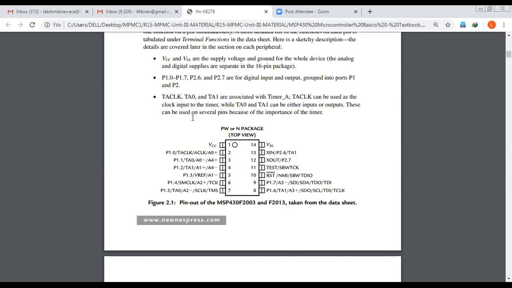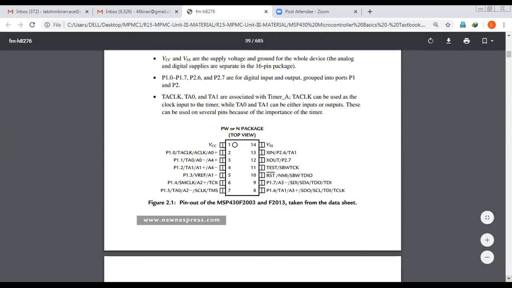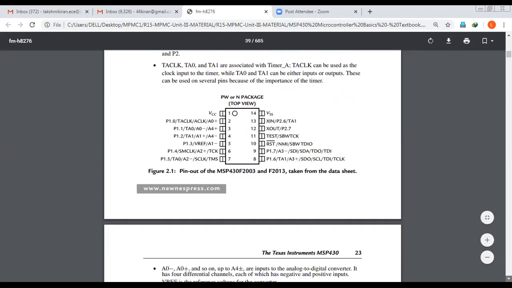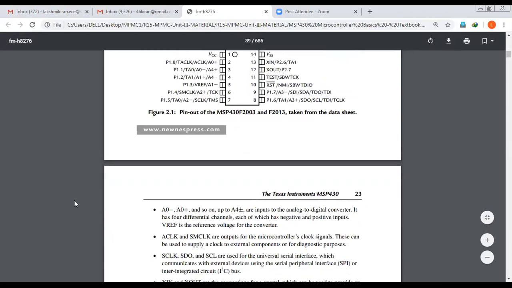And coming to another set of pins, TA clock, TA0 and TA1. These are regarding timer A: the clock for timer A, and TA0 and TA1 are the inputs and outputs of the respective timer A. And coming to another set of signals, A0 minus, A0 plus, up to A4 plus and A4 minus.